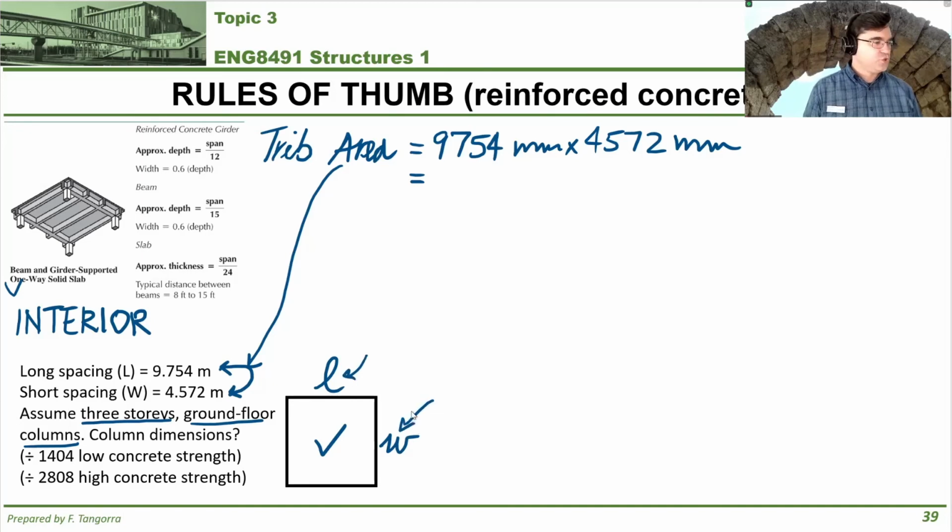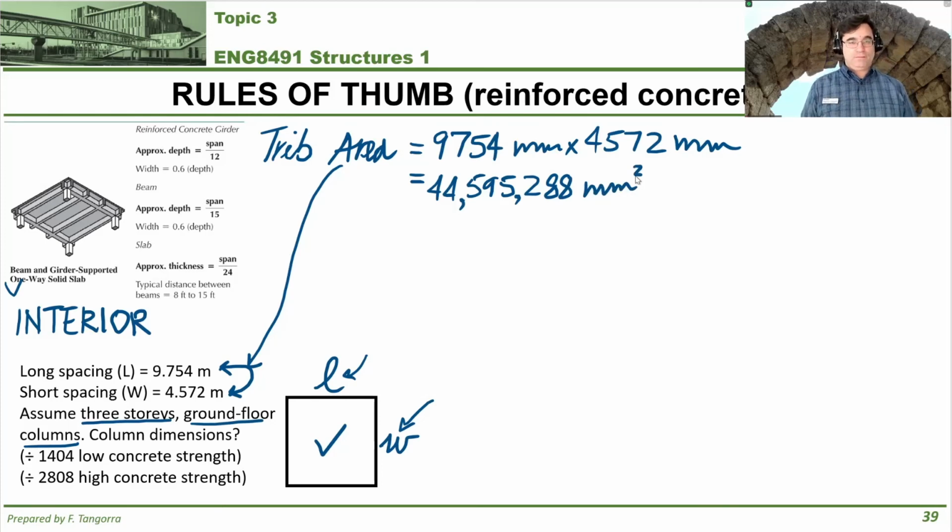Okay, so when I multiply the grid line spacings in perpendicular directions, I get a tributary area of 44 million, because I'm doing this in millimeters, 44,595,288 millimeters squared.